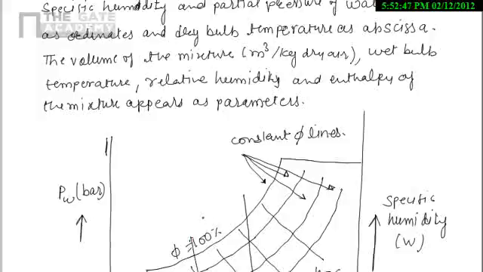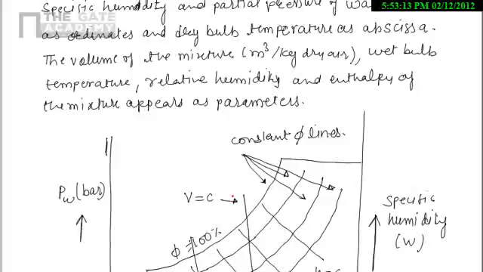Basically they are just tilted lines. They are not perpendicular, they are slightly tilted lines. So these are the constant volume lines. Now it's a clear representation of the psychrometric chart.